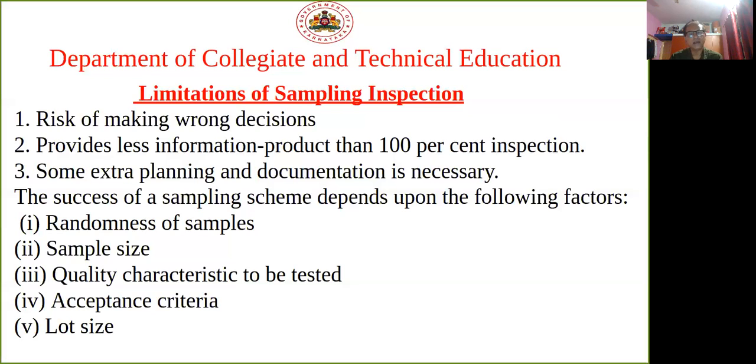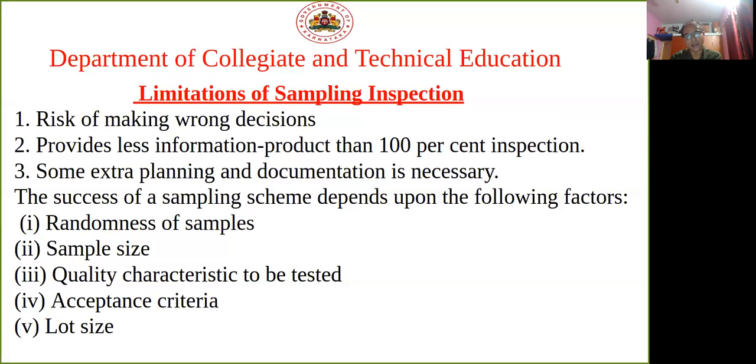The success of the sampling scheme depends upon the following factors: randomness of the sample, that is, how you are going to select the sample, how you are going to pick the sample. And what is the size of the sample, that is the second point.